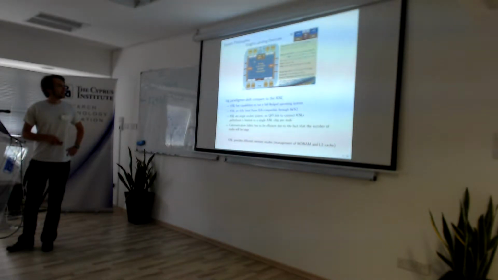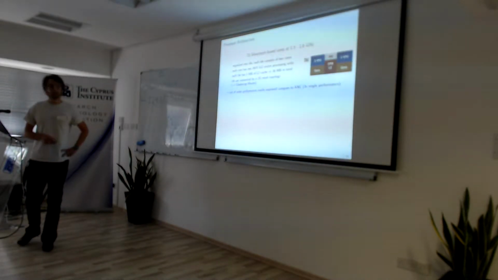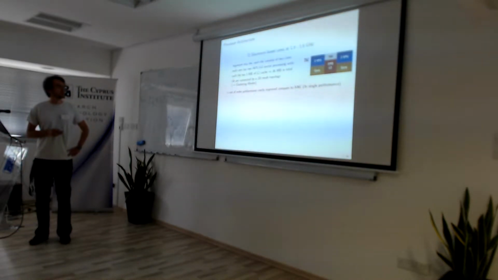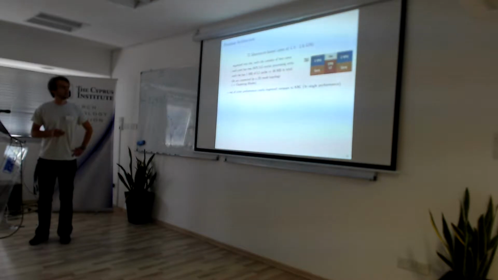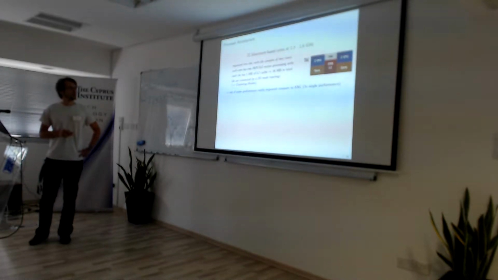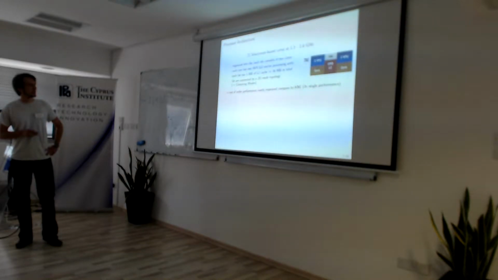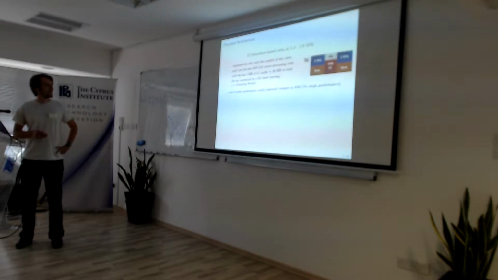Okay. So first of all, the processor architecture. There are 72 Silvermont-based cores, which have a clock rate of around 1.3 to 1.6 gigahertz. As I already mentioned, they're organized in tiles. Here's a picture of a tile.